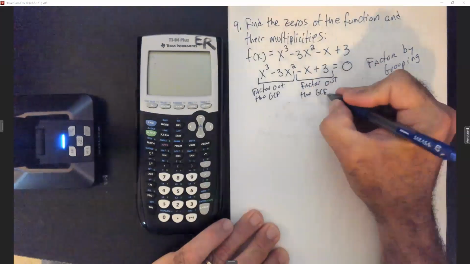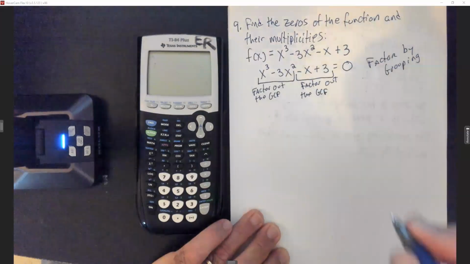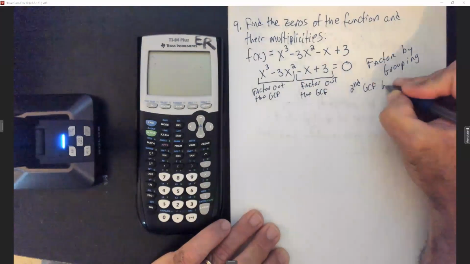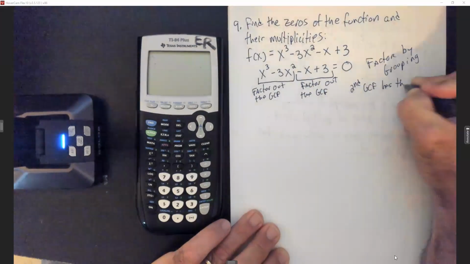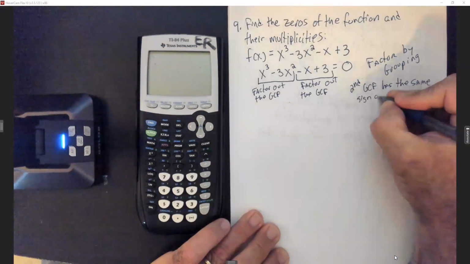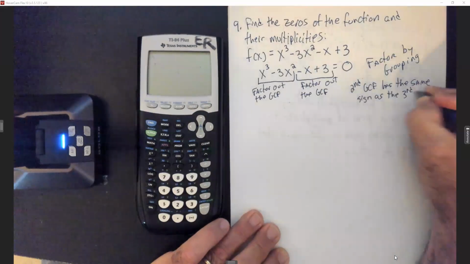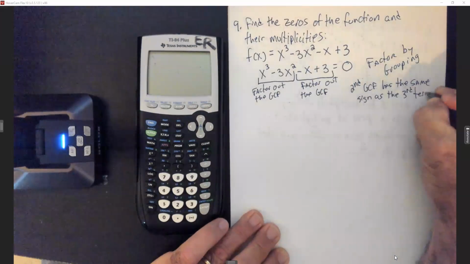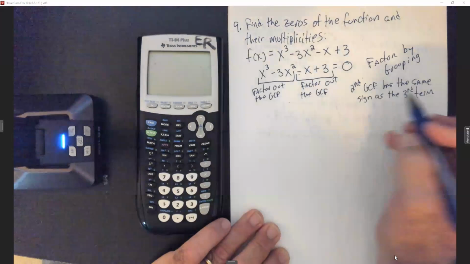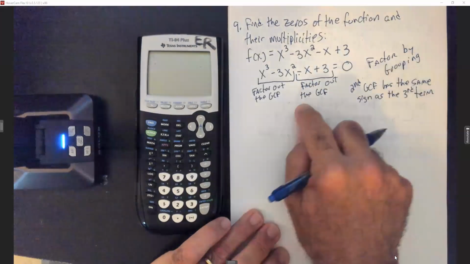Now, here's an important note. The second GCF has the same sign as the third term. So that third term's negative. When I factor out the second GCF, it will be negative, okay?